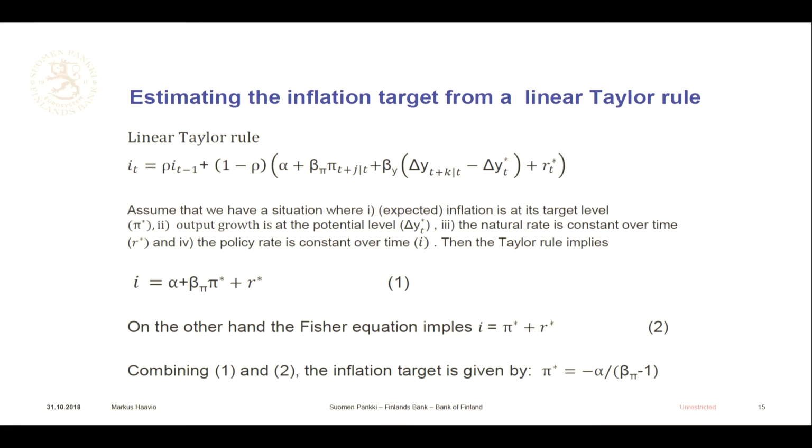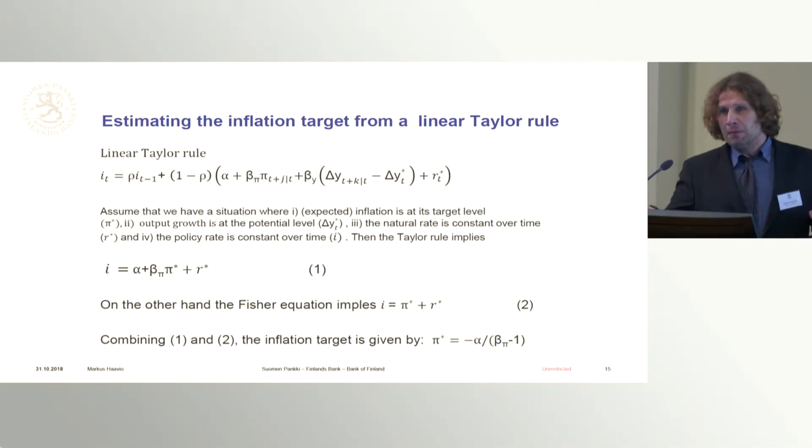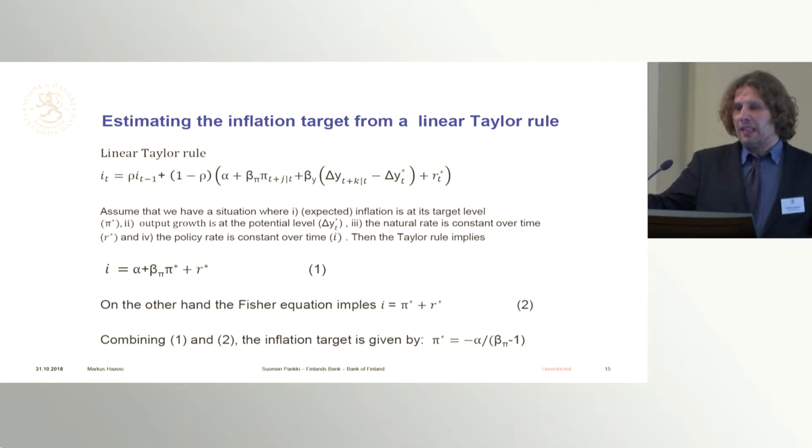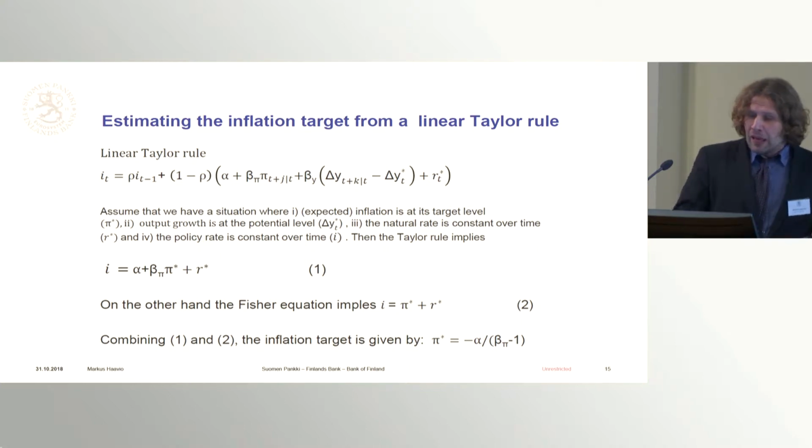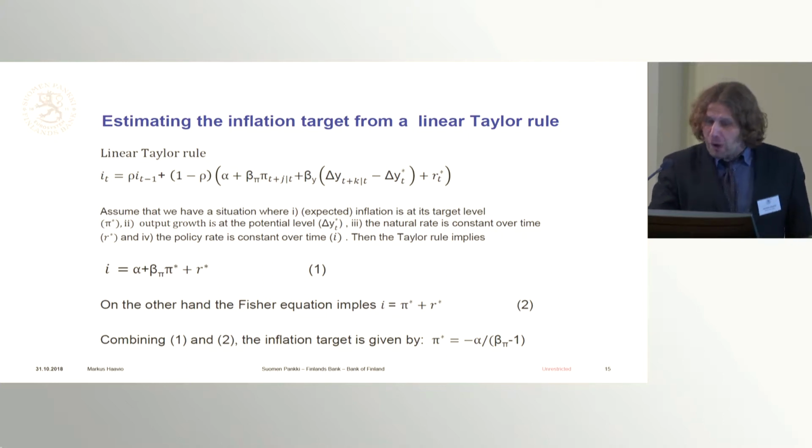So this is a more analytical slide. It basically tells you that if you take this linear Taylor rule and evaluate it in the situation where inflation is at its target level and output growth is at its potential level, where the potential we proxy with longer-term ECB forecasts, so the assumption is that the longer-term forecasts tell us something about what the ECB thinks is the potential, and the natural rate is constant, and then you combine that with the Fisher equation that tells you that the nominal interest rate is inflation plus the real interest rate, and you do some math, you can infer that the inflation target can be inferred from the coefficients of this simple Taylor rule.